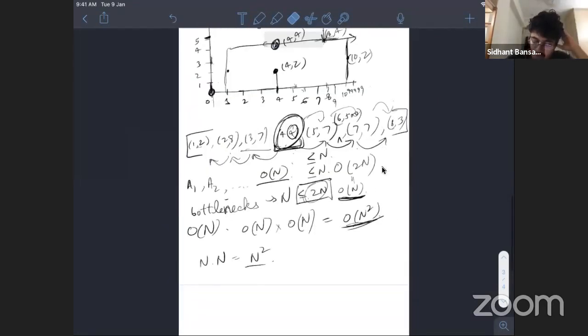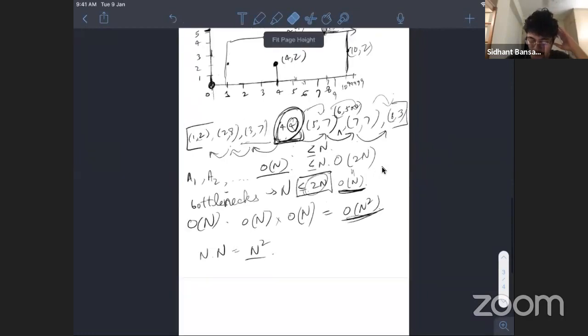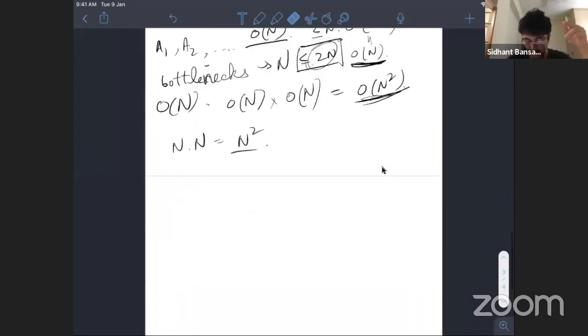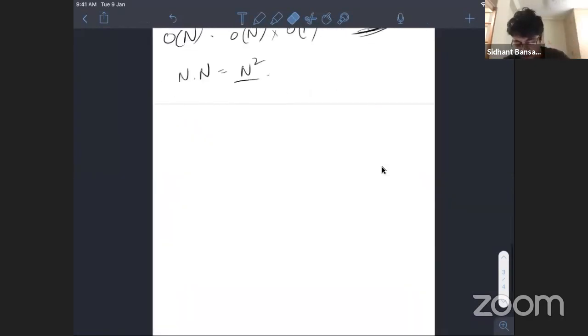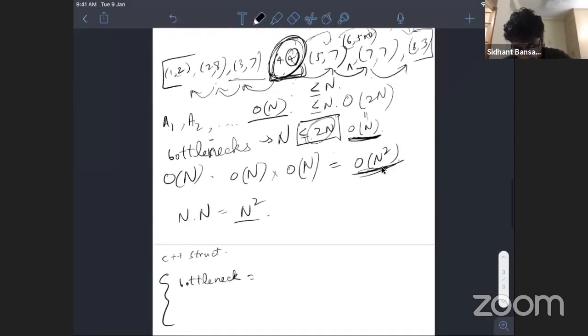Now, okay. So when we fix a bottleneck, now I'll try to define some kind of data structure to get you the idea of stacks. Not a data structure, more like a C++ struct. The idea is you have a bottleneck, right? In this case, it was this guy, x equal 4, y equal 4.